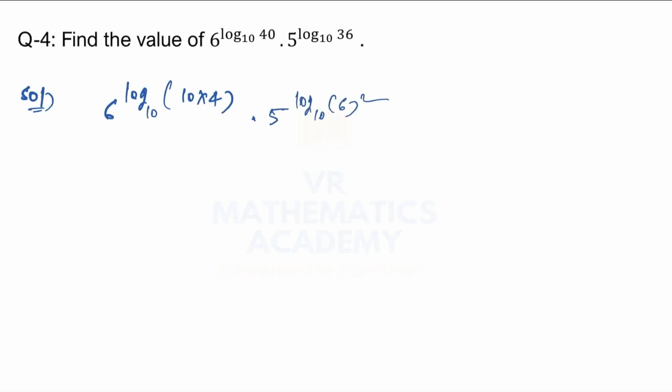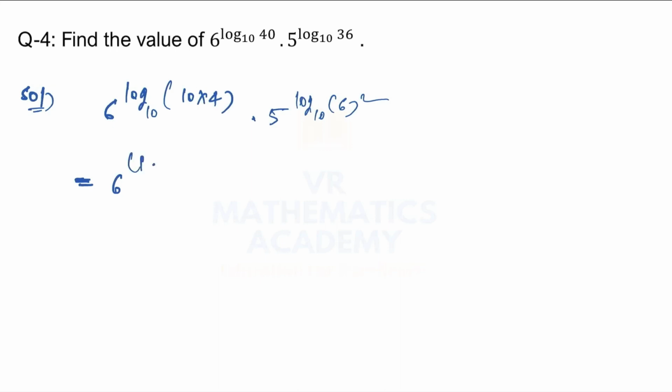In question number 4, we have to find the value of 6 raised to the power log of 40 with base 10 multiplied by 5 raised to the power log of 36 with base 10. So let's see how we will solve the problem. Firstly, we will write down 6 raised to the power log base 10, and 40 we will write down as 10 into 4, multiplied by 5 raised to the power log base 10 of 6 squared. In the next step, log of 10 into 4 we will write down as log of 10 plus log of 4.